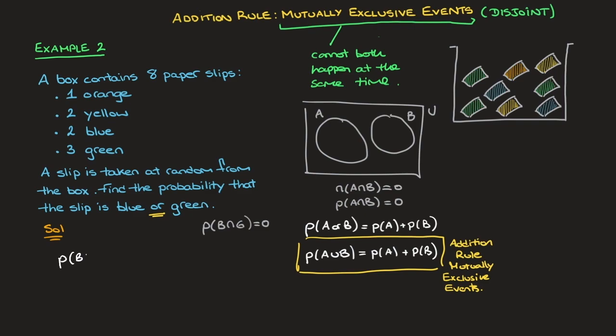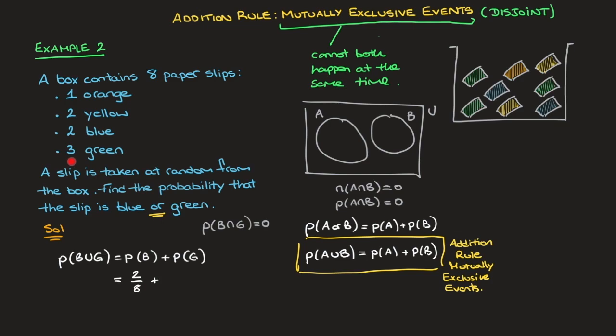The disjunction rule therefore turns into the addition rule, which allows us to state that the probability of picking a blue or a green slip is equal to the probability of picking a blue slip plus the probability of picking a green slip. And since there are 2 blue slips, indeed we have 1 and 2 here, and 8 paper slips in total, we can state that this is equal to 2 over 8 plus the probability of picking a green slip.